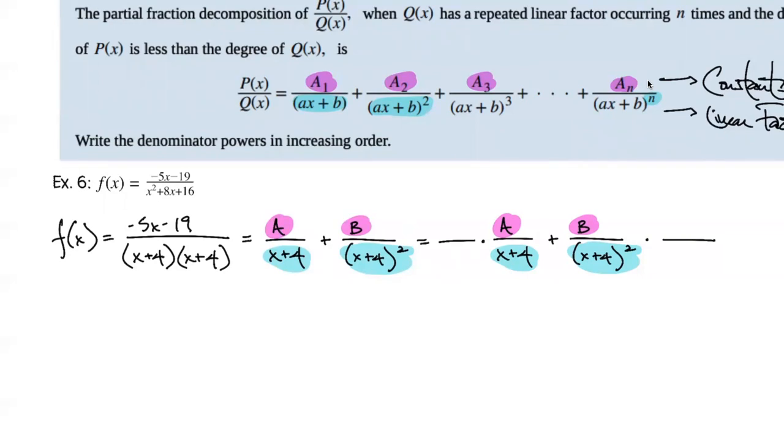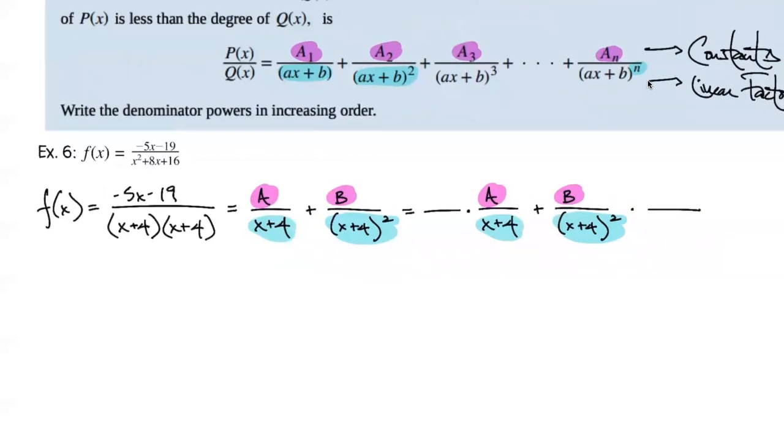For A, it would be x plus 4, and then for B, it'd just be 1. Really nice, right? X plus 4 times x plus 4 will get me x plus 4 squared. That means I don't have to multiply the second one by anything. I can actually multiply it by one of the simplest ways of saying 1, which is 1 over 1.